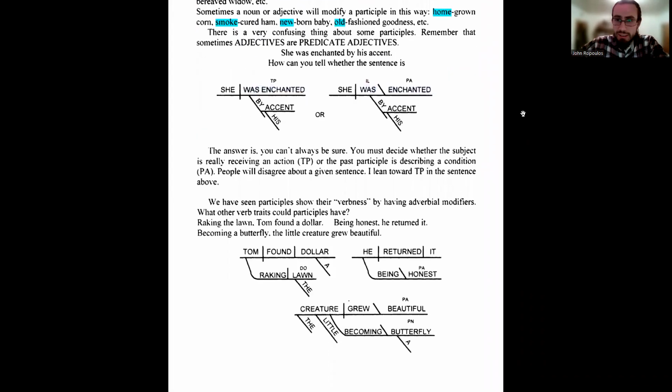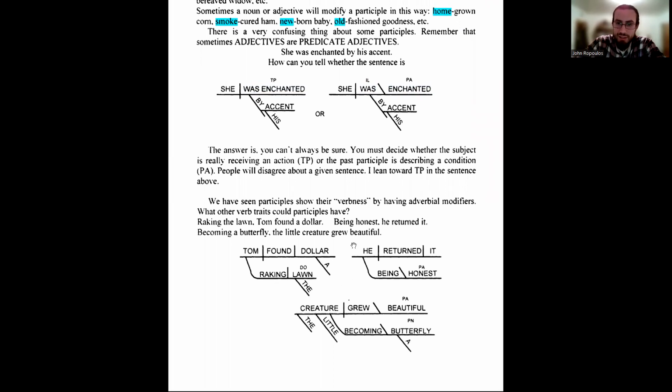Okay. Next thing. Don't worry, we're almost done with participles. So we have seen participles show their verbness by having adverbial modifiers. What other verb traits could participles have? Well, take a look. Raking the lawn, Tom found $1. Being honest, he returned it. Becoming a butterfly, the little creature grew beautiful.